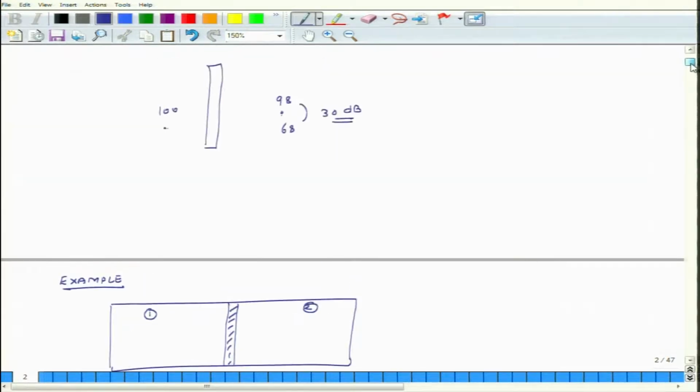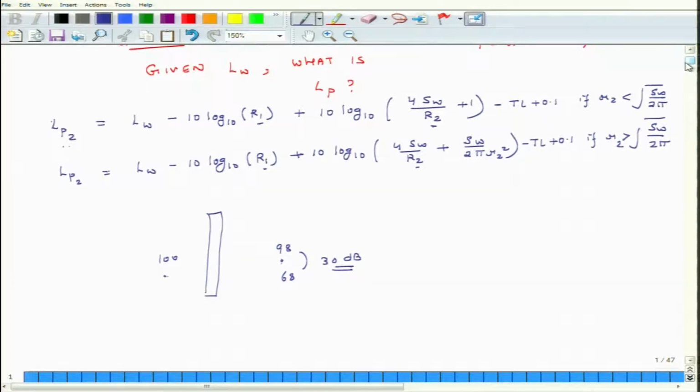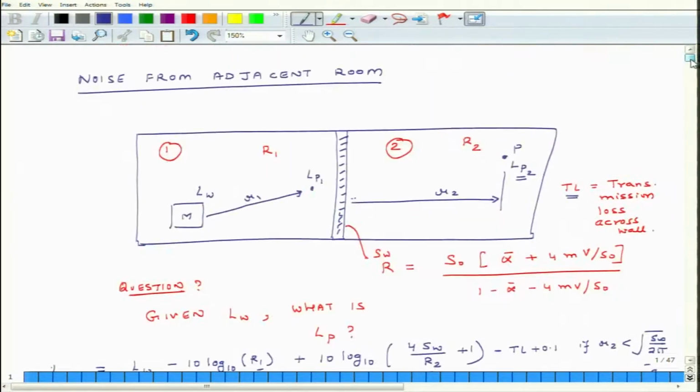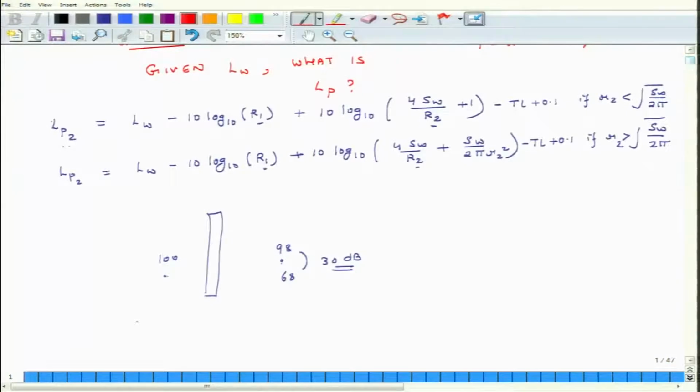Actually, before we do this, I would like to specify one more relation, because what I have said was that we will discuss how to compute LP2 and also how to compute LP1. Okay. So, to compute LP1, we have another relation.